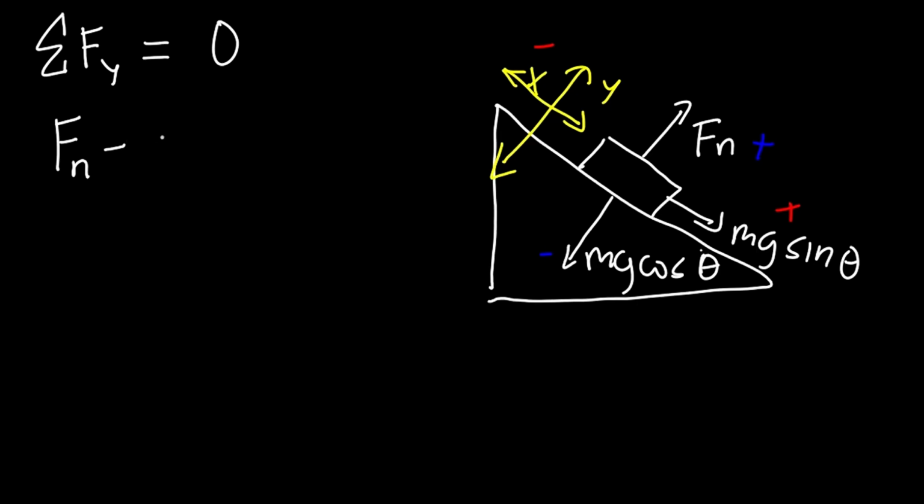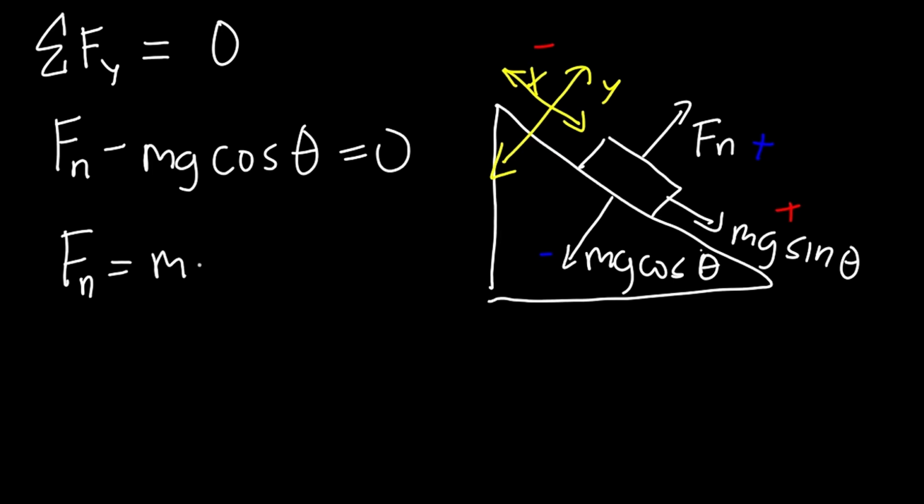So therefore, we have negative mg cos theta is equals to 0. Now we can solve for Fn. Therefore, normal force is equals to mg cos theta. Okay?